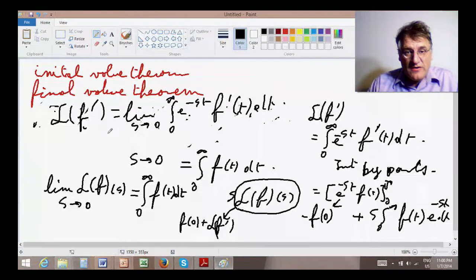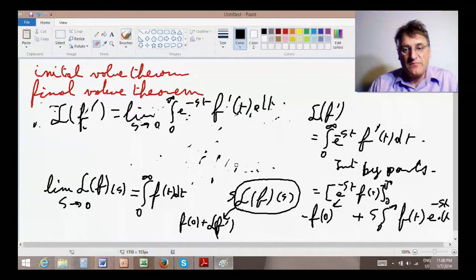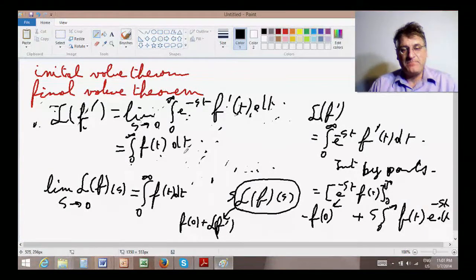Now we know that the limit of this, when s tends towards 0, will be the integral from 0 to infinity of f of t dt.